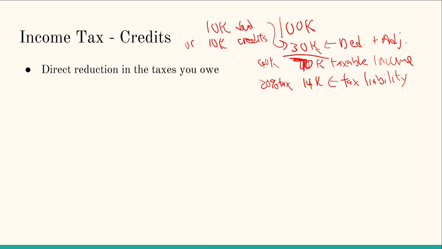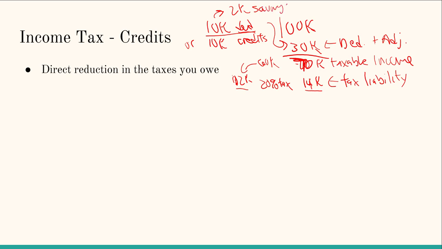If we paid 20% on that, that's 12K. So that 10K in deductions, moving our 70K of taxable income to 60, only saved us $2,000 in tax, right? Because we were paying 14, now we're paying 12. So this 10K in deductions only led to 2K savings.